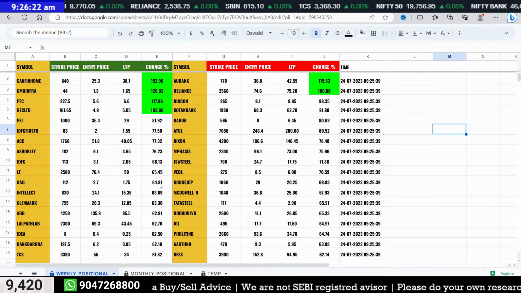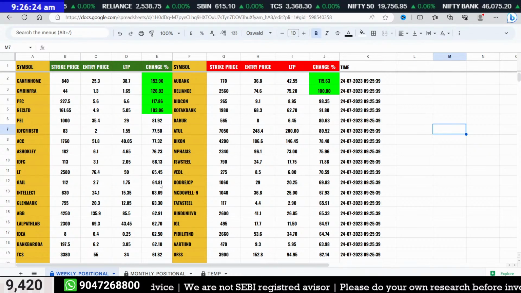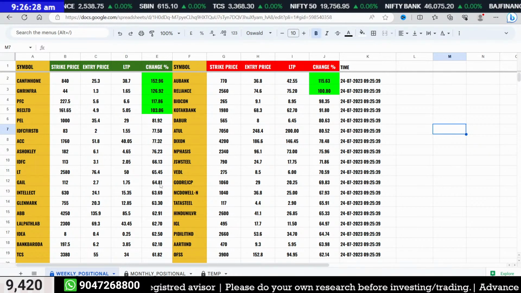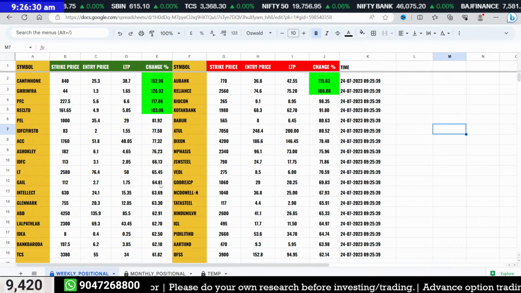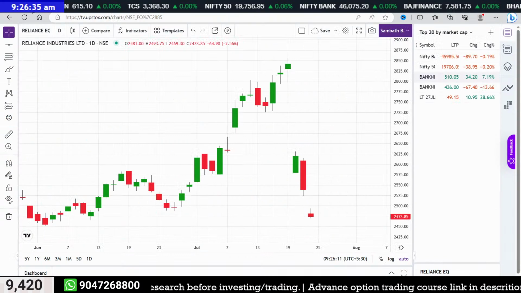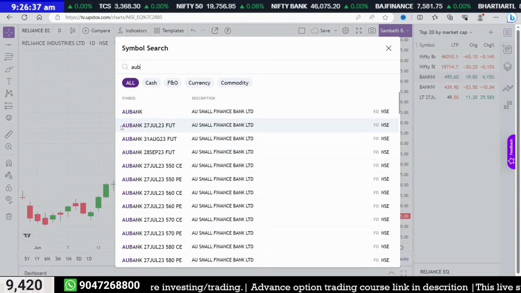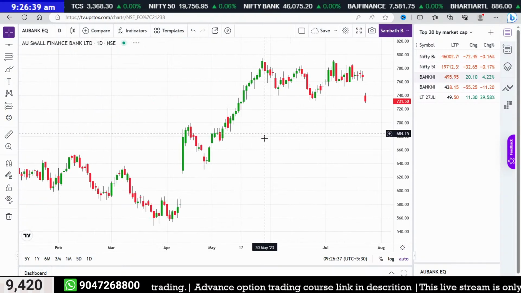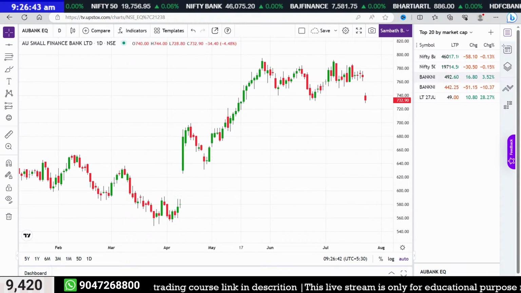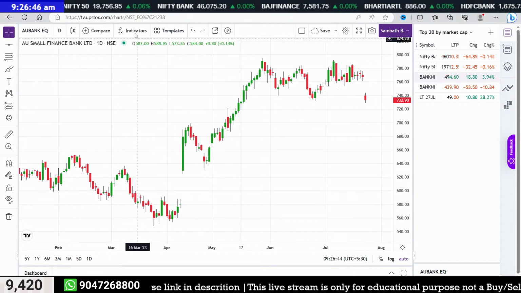AU Bank, and someone is always asking about AU Bank. I think Shyam, are you there in the line? Now it has started moving down because the stock kept increasing higher and higher. Maybe it continues down. Yes, it was moving higher and now it has started down, but still it is higher.